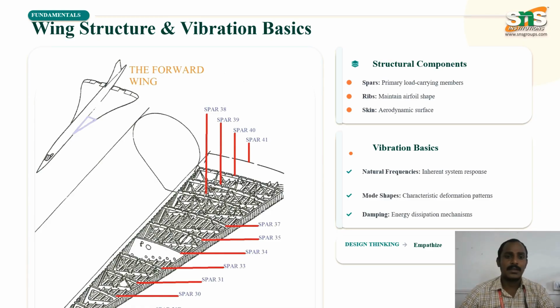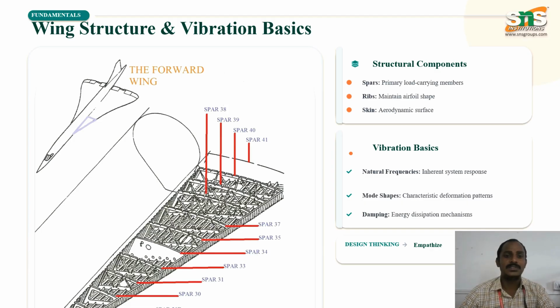A spar is the primary load carrying member of the wing, resisting bending force during flight. The rib maintains the aerofoil shape and distributes aerodynamic loads. The skin forms the aerodynamic surface and contributes to the structural stiffness. Together these elements create a complex flexible system.